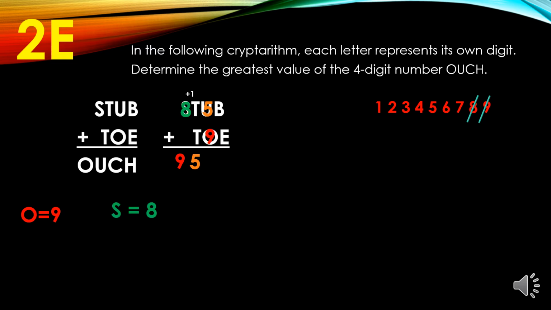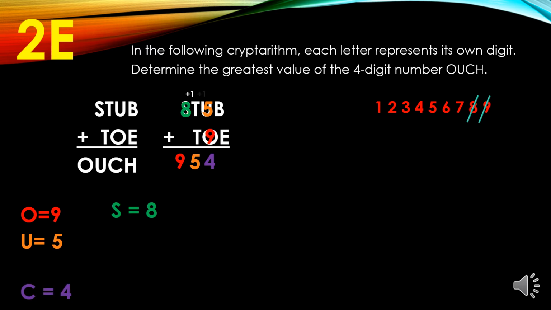Okay, let's go. S is 8, U is 5. So, if we use U as 5, it means that T and T should equate to 15 with the idea that there's a carryover of 1. So, 5 plus 9 is 14.